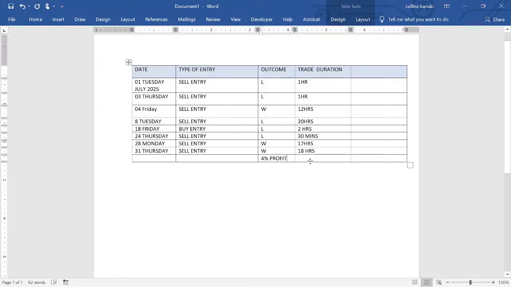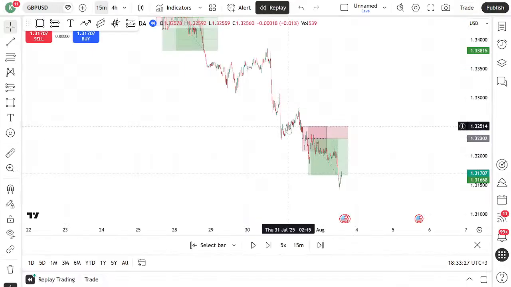And 4% might look like a little gain, but on a 100K account, that is $4,000. On a 200K account, that's $8,000. If you get that in a month, I would say that typically that's good money to keep you sustainable and running here in Kenya.